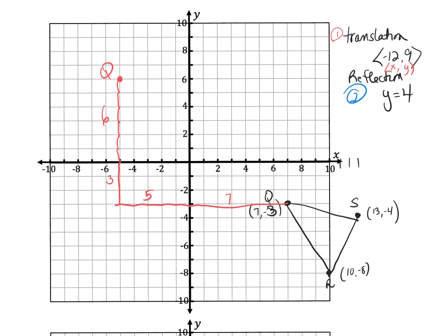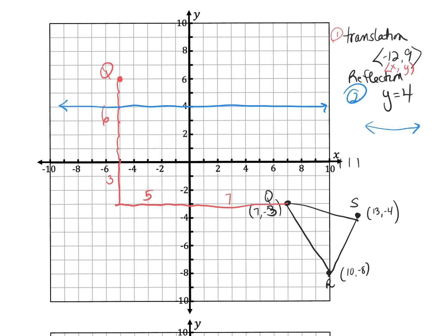Do not forget that y equals 4 is a horizontal line because it goes through the y-axis at positive 4, because every point on my line has to have a y value of 4.